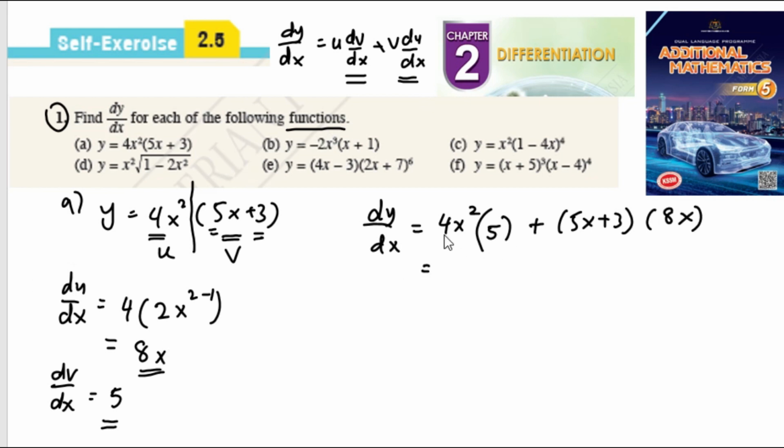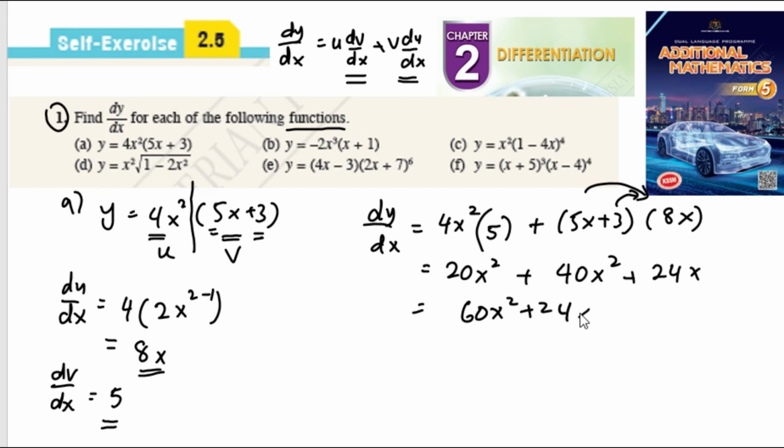So here you get 4 times 5 is 20x squared, plus, this one you have to expand: 5 times 8x you get 40x squared, and 3 times 8x you get 24x. So 20x squared plus 40x squared, you get 60x squared plus 24x.